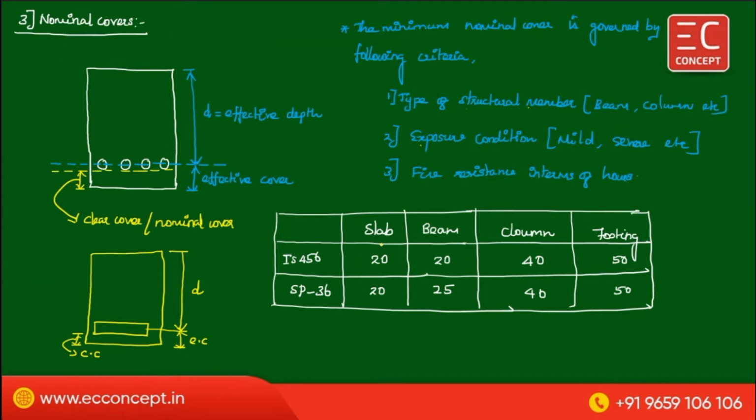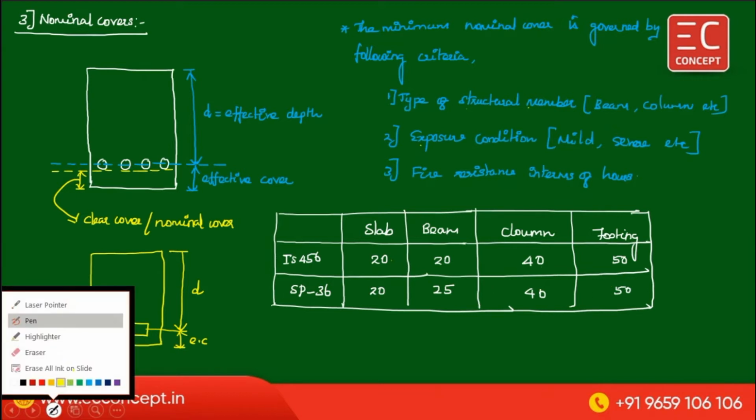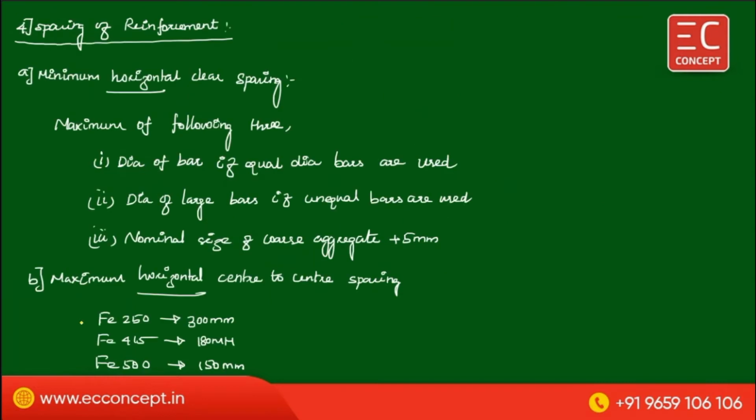IS 456 2000 says for slab 20, beam 20, column 40, footing 50. At the same time, SP 36 says slab 20, beam 25, column 40, footing 50. Understood?